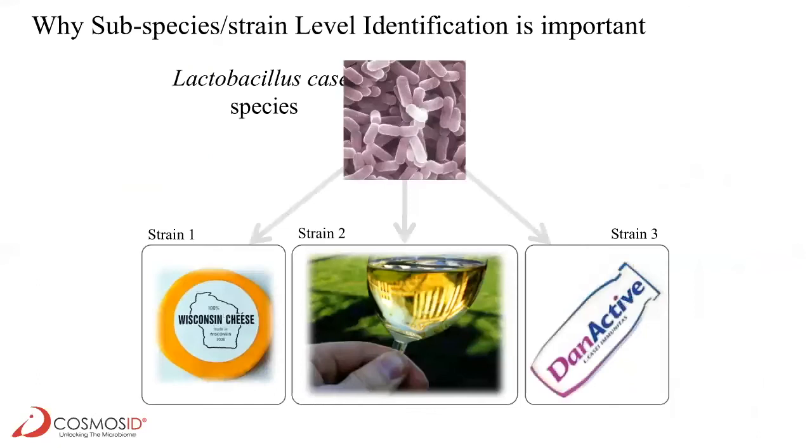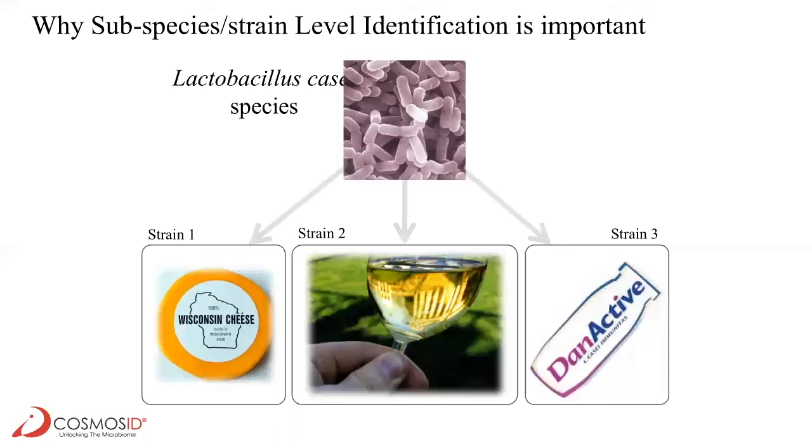Now, as Michalis mentioned earlier why strain level is important, I wanted to add another piece of information that we most frequently cite, a classical example of Lactobacillus casei. As you know, in clinical microbiology, your most critical unit for microbial taxonomy is actually the strain, not the species, because each strain can confer distinct biological consequences.